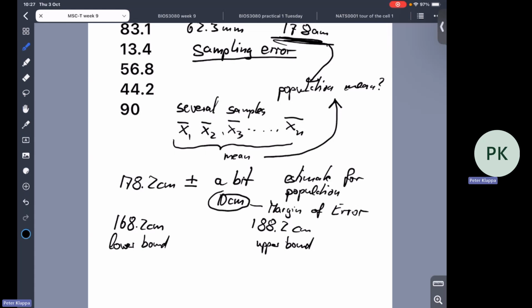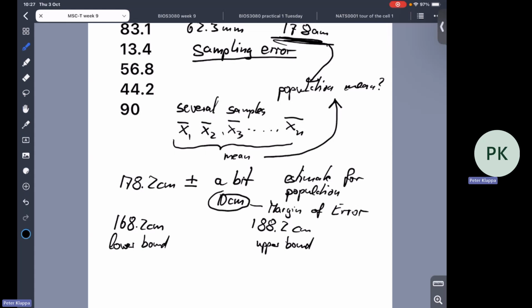Yeah, makes sense. So I can say that I'm a little bit more cautious. I don't say it is exactly bang on 178.2 centimeters, the population mean, because I don't know. Only if I measured everybody, then I could say, yes, it is exactly 178.2 centimeters.